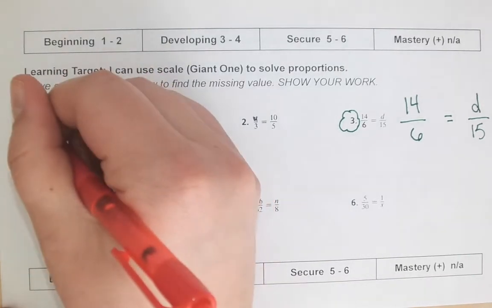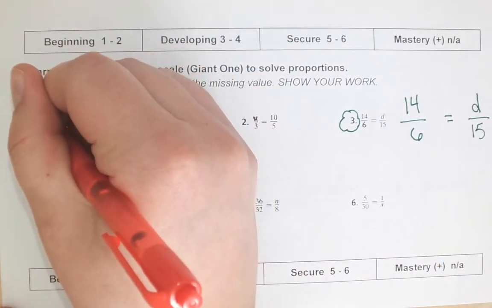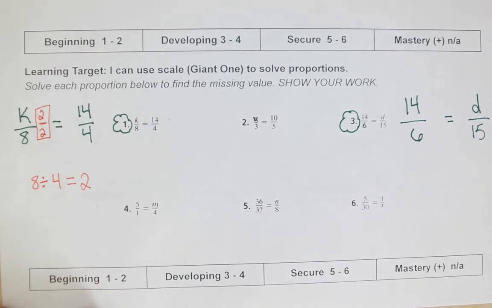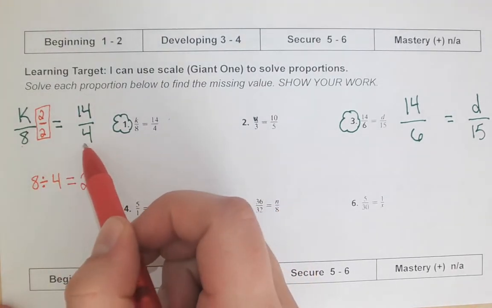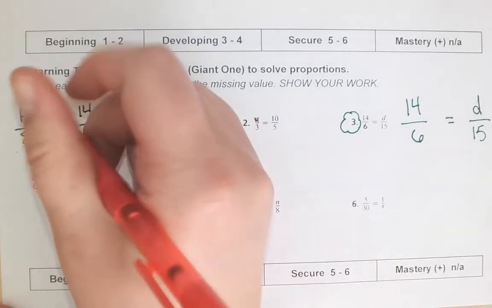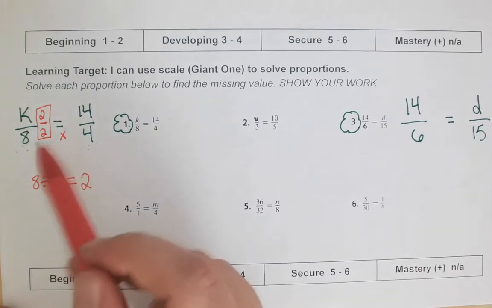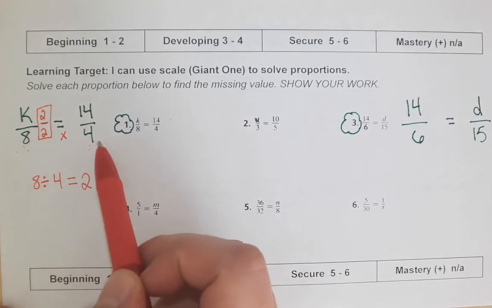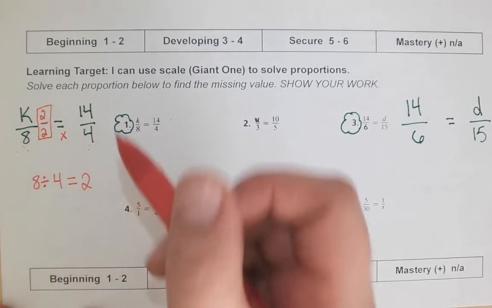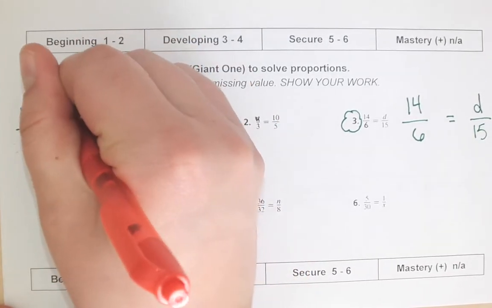So I'm going to put 2 here because I know that's what I used to get from one to the other, and I have to use 2 in the top to make it equivalent. When I work from 4 to 8, I knew that I was taking 4, multiplying it by 2, and that would equal 8. If I'm multiplying in this direction in my denominator, I must do the same thing in my numerator.